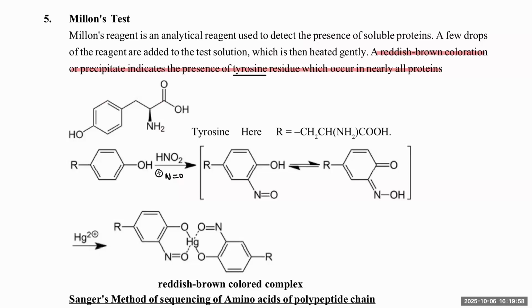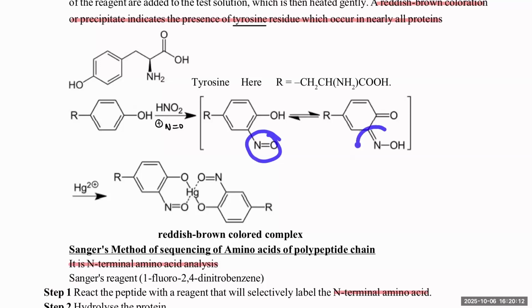You take any open NH2 group, that when you react with HNO2 will convert into a nitroso group. That will appear like an oxime, and that oxime gets connected with mercury 2+, which gives reddish brown color.